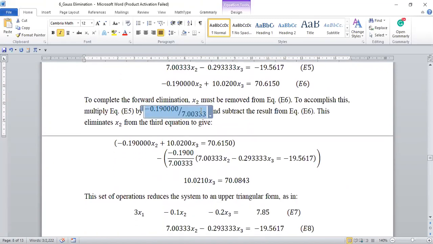So you are supposed to even do this calculation. If you use fewer decimal places or significant figures, the errors are going to keep propagating down and down and down.